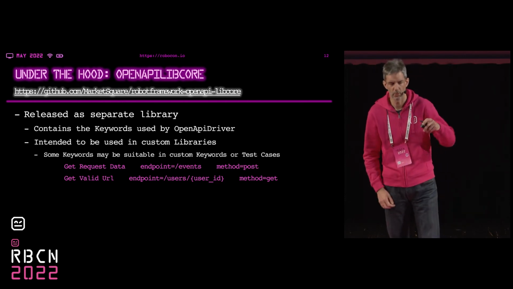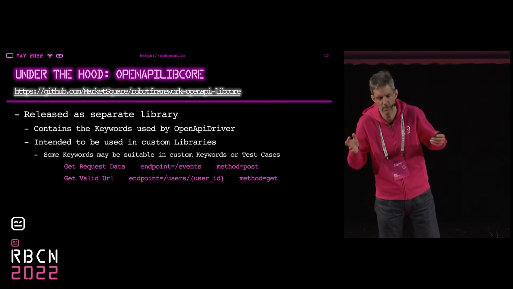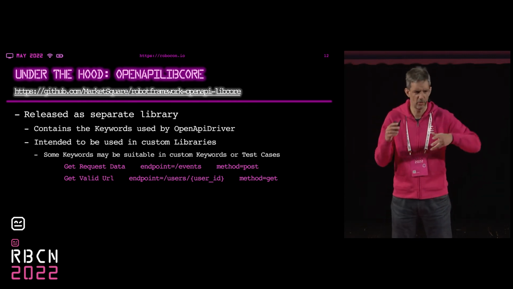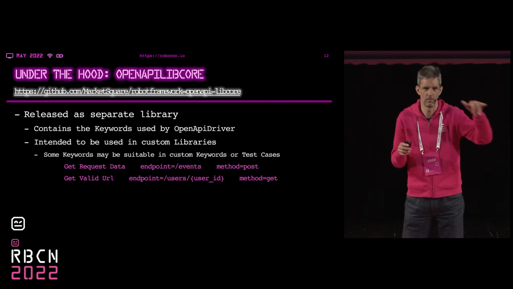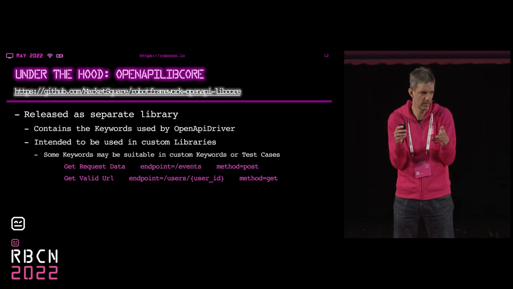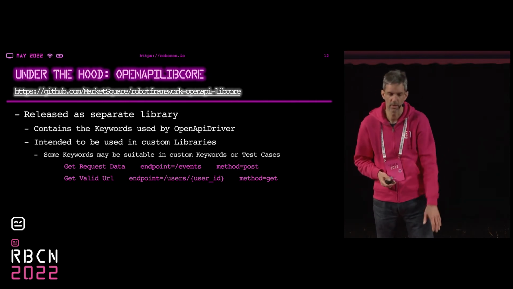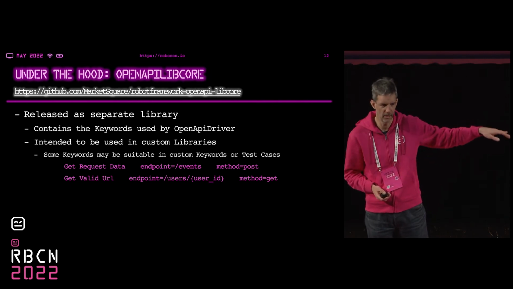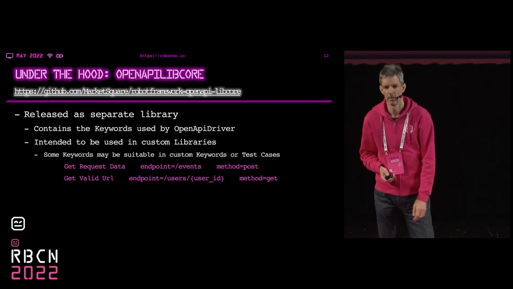But because this REST thing has an architecture where if you say, okay, I have these users with a user ID, this user would be posted on the users part. So there's keywords like get valid URL, because we need to go from a path with all these ID things to an actual URL with real values in it.